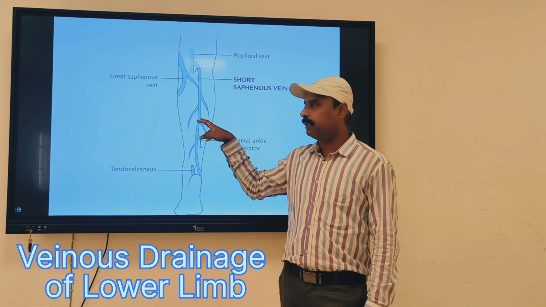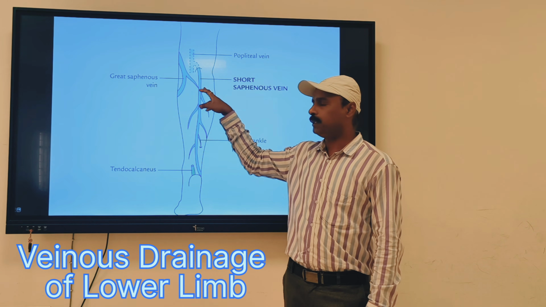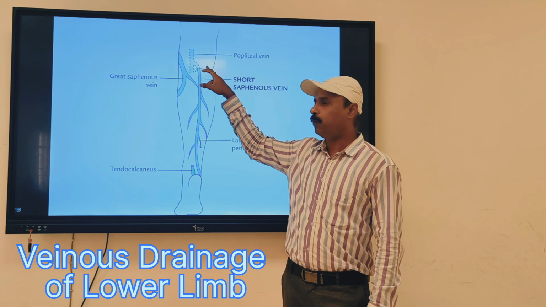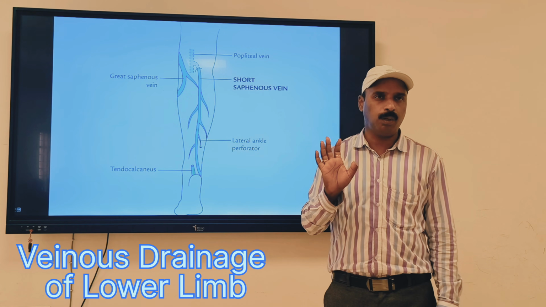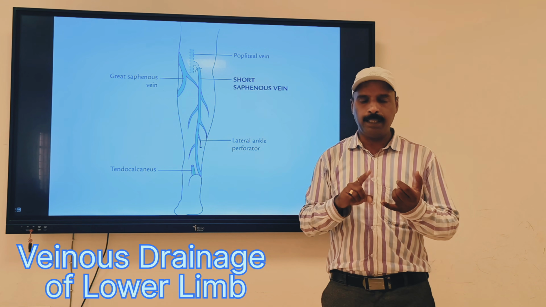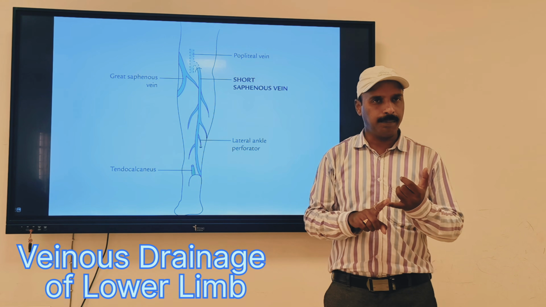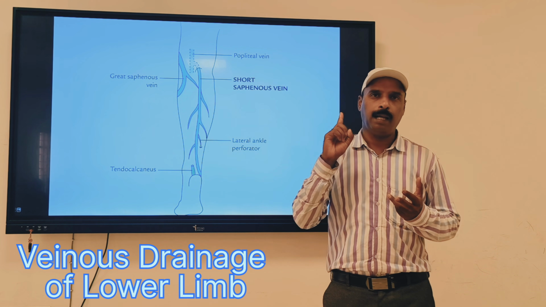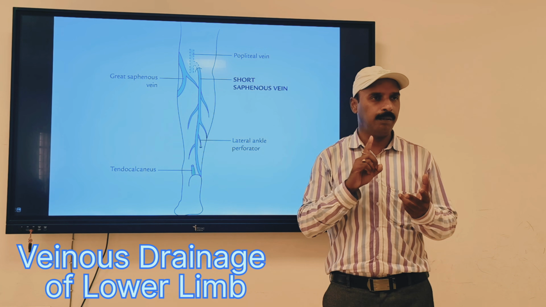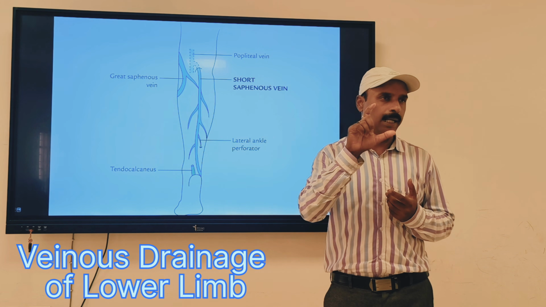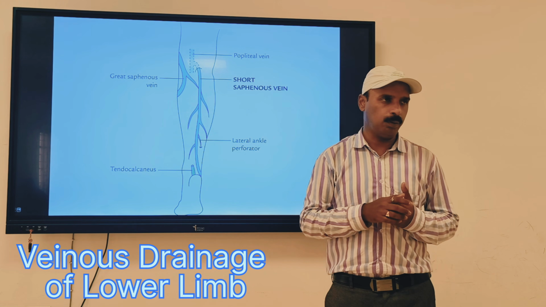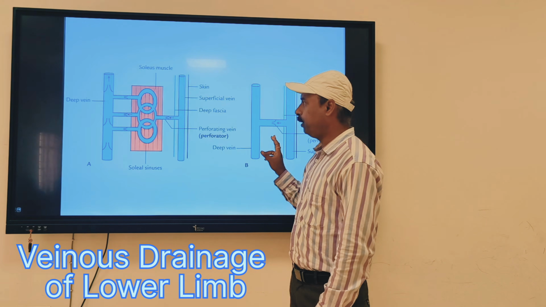So running its course in the leg region, it reaches the popliteal fossa and opens into the popliteal vein. So this is the course of the short saphenous vein. Here we have completed the great saphenous vein and short saphenous vein. I have already taught you the femoral vein and popliteal vein, and those contained in the femoral triangle I have told. So this you have to remember.